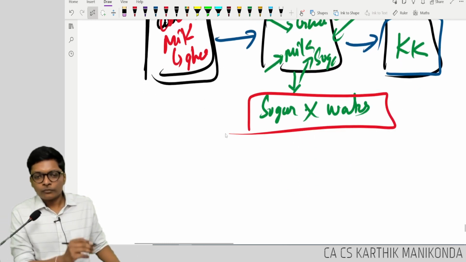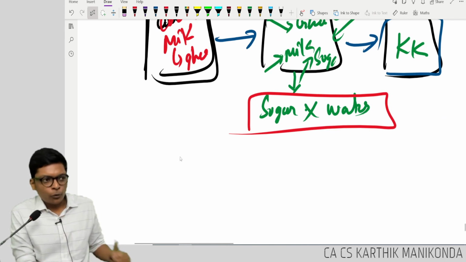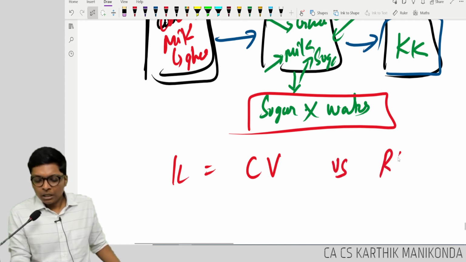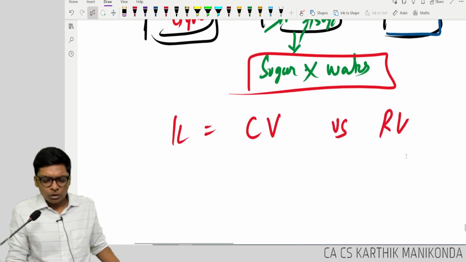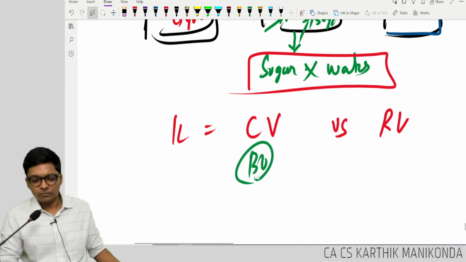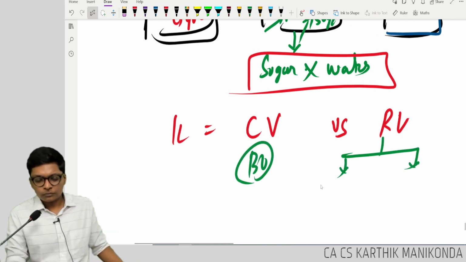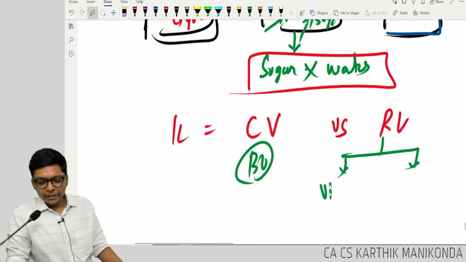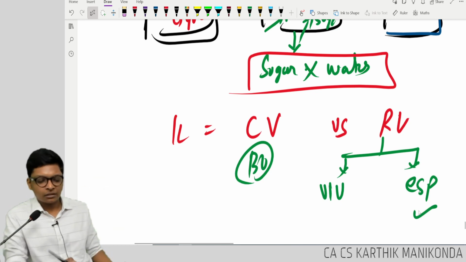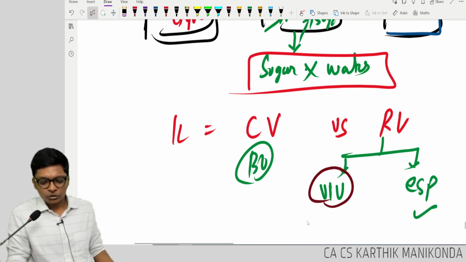Now follow. How to compute the impairment loss? Impairment loss is carrying value versus recoverable value. What is carrying value? Book value of that asset. Easily I can compute. Recoverable value, value in use, estimated selling price also I will compute. If I sell this now, how much will I get? How to find value in use? Cash flow.